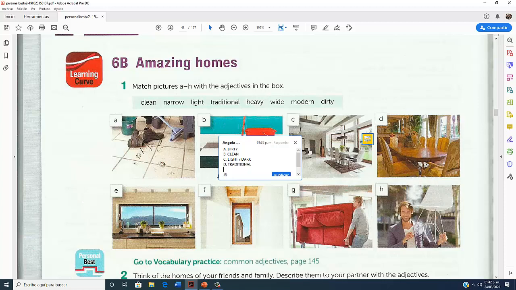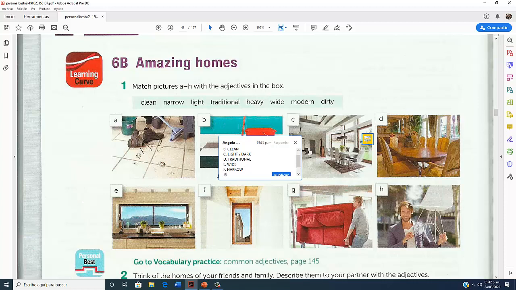Letter E. Here in letter E we have a window. If you look at the window, these are wide windows, wide. And in letter F, that window is narrow. So they are opposites. Wide windows, narrow windows.